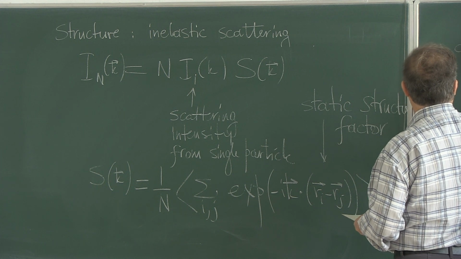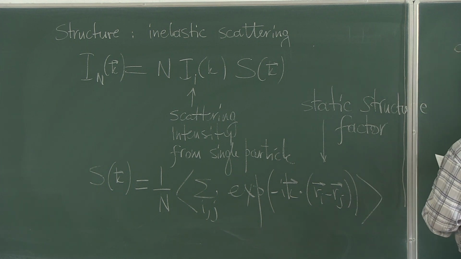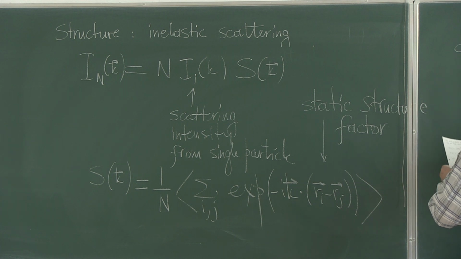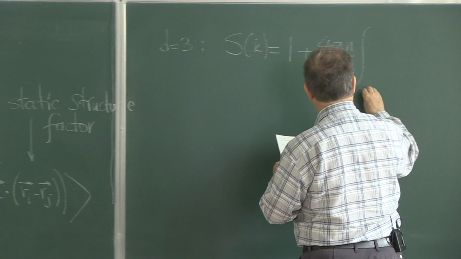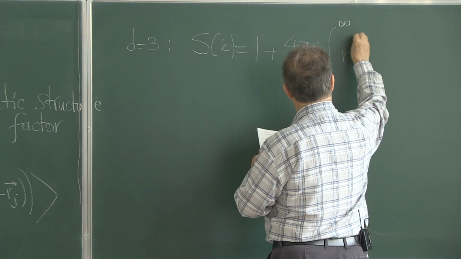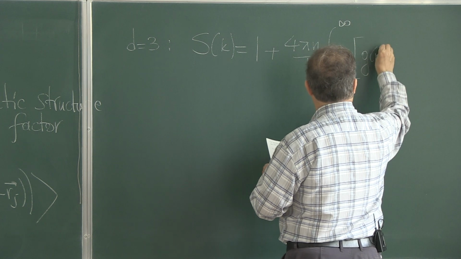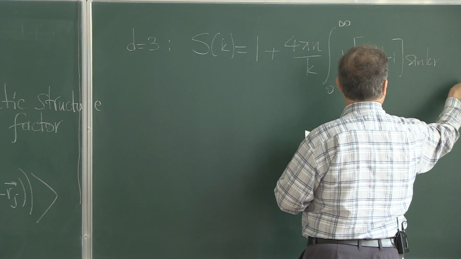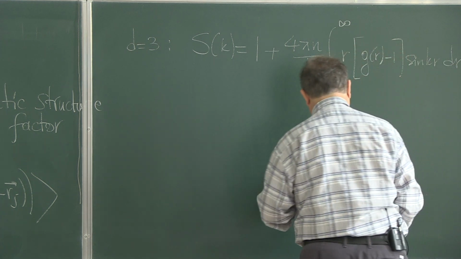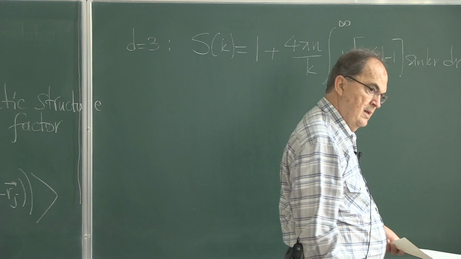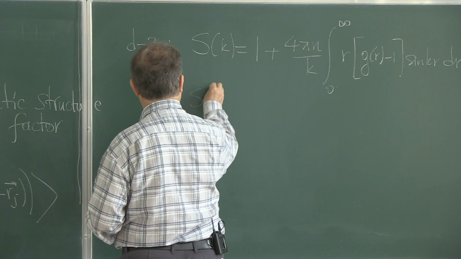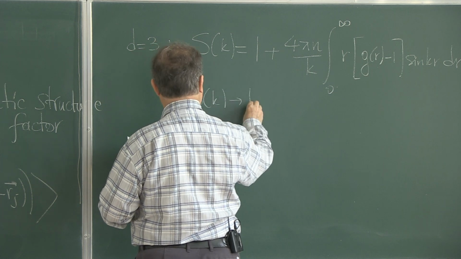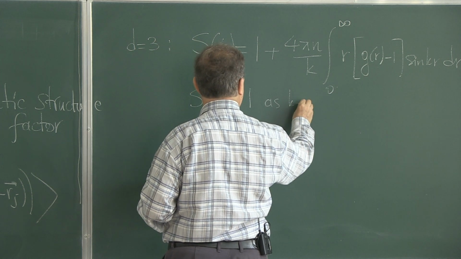In 3 dimensions, S of k is 1 plus 4 pi n over k, integral from 0 to infinity of r times g of r minus 1 times sine of kr dr. So it tends to 1 as k goes to infinity.